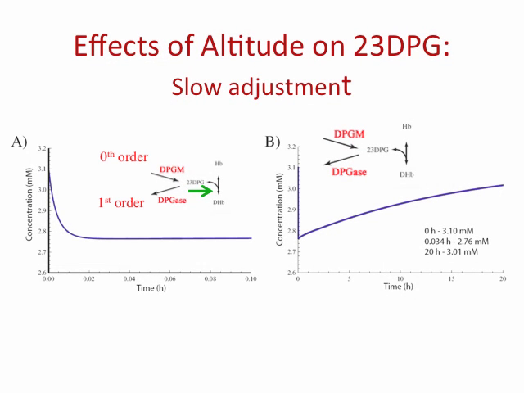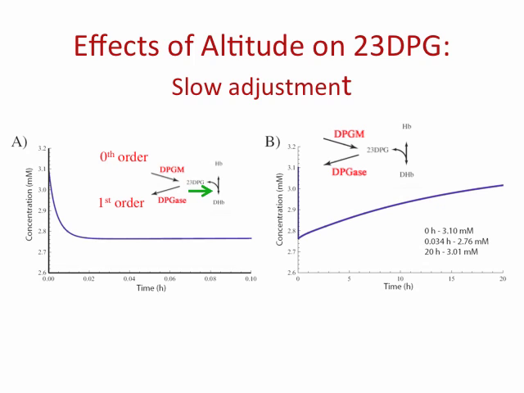Here is another simulation that is of interest. If we go into the mountains and the partial pressure of oxygen drops, the oxygen concentration in the blood will respond. It'll drop.